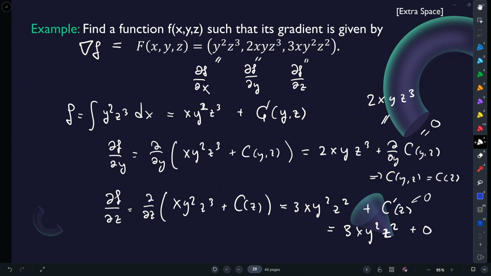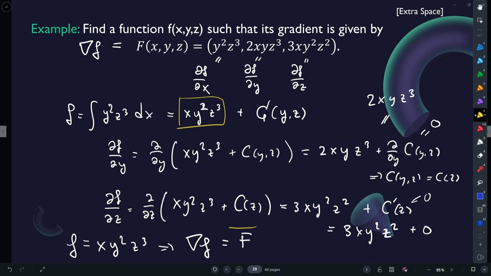So we can just set this to be exactly 0 and that constant to be exactly 0, and now we see that this function already works. So what I found is that the function x y squared z cubed has a gradient that is equal to the vector field we started from. So it is conservative. We already knew that, but now I can actually show you what function it is the gradient of.